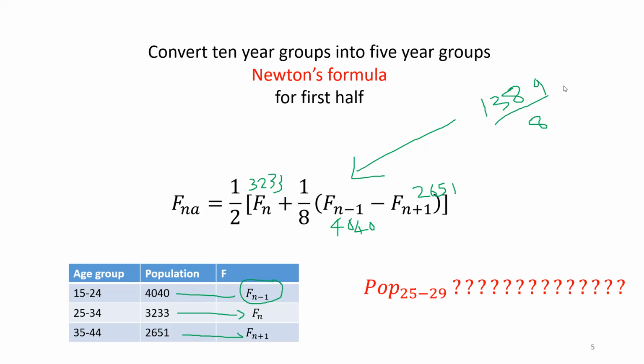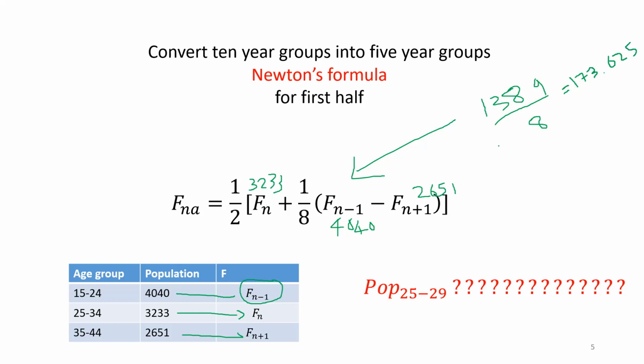You will have 173.625. Then you need to add F1 to that value.